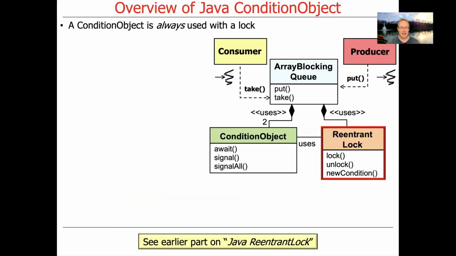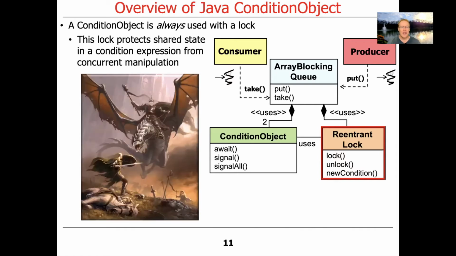As we've talked about a number of times before, condition objects are always used with a lock. We'll see an example of this very shortly when we talk about the ArrayBlockingQueue implementation. So there's always a lock, typically a reentrant lock, associated with the condition object. This lock is used to protect the shared state in a condition expression from being corrupted during concurrent manipulation.